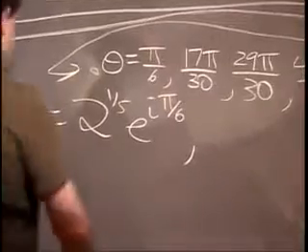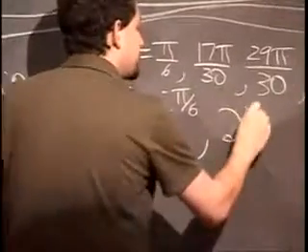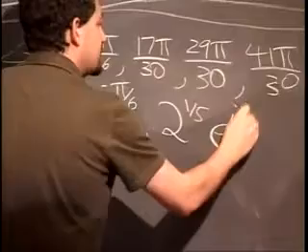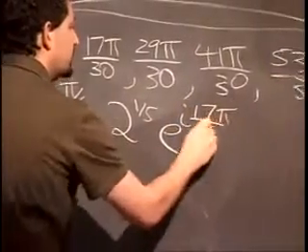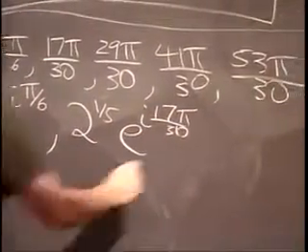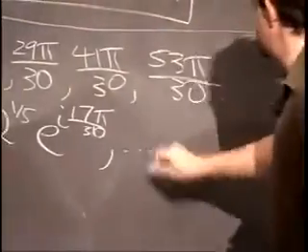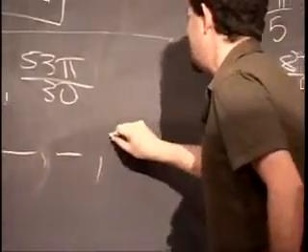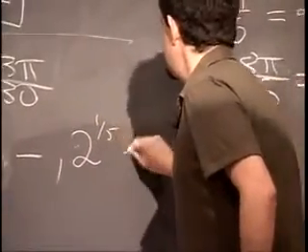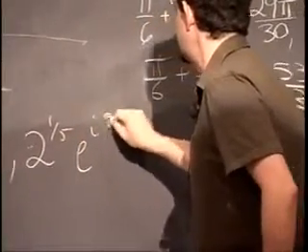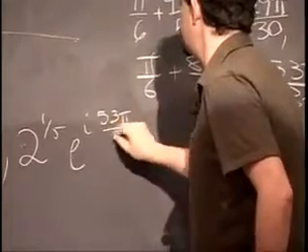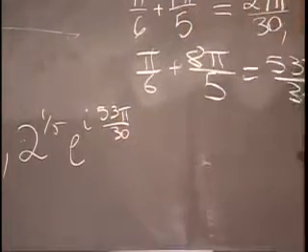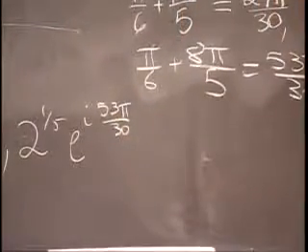The second is 2 to the 1/5 e to the i17π/30. And so on. You should write out all 5. I'll write out, there's one more here, there's one there, and then 2 to the 1/5 e to the i53π/30 is the 5th solution. What a yuck. But there it is.